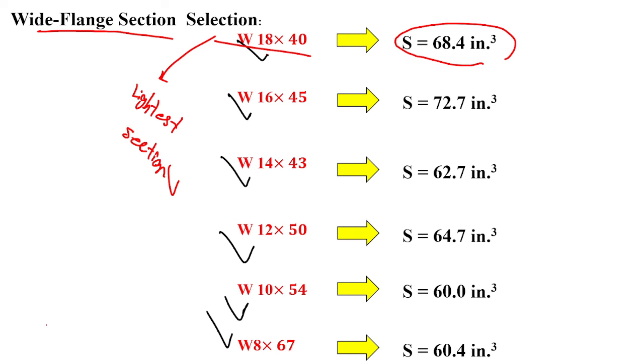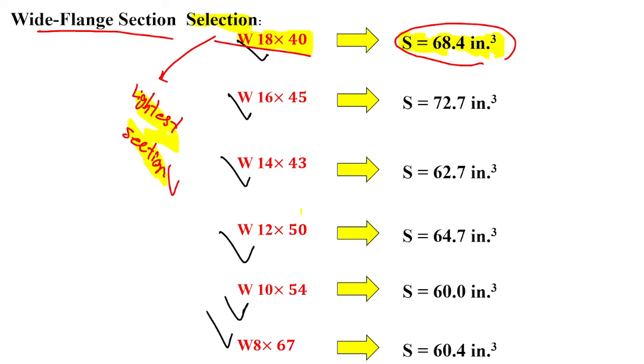So let's go by W18 times 40 with modulus of section of 68.4 inch cubed. This is our selection. So we just select this one because that's the lightest section.